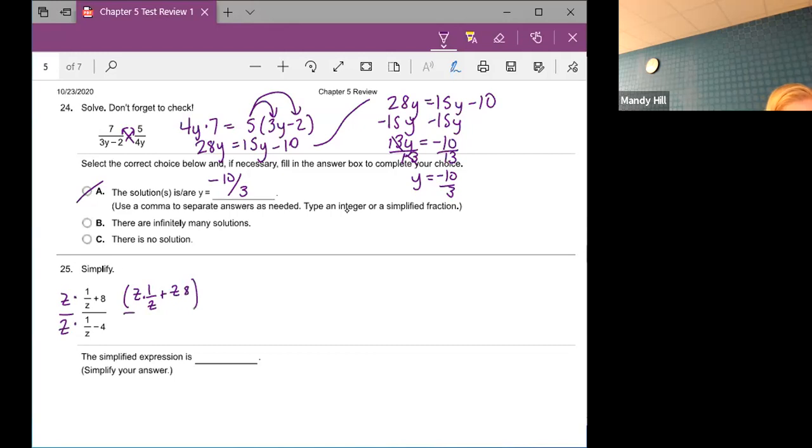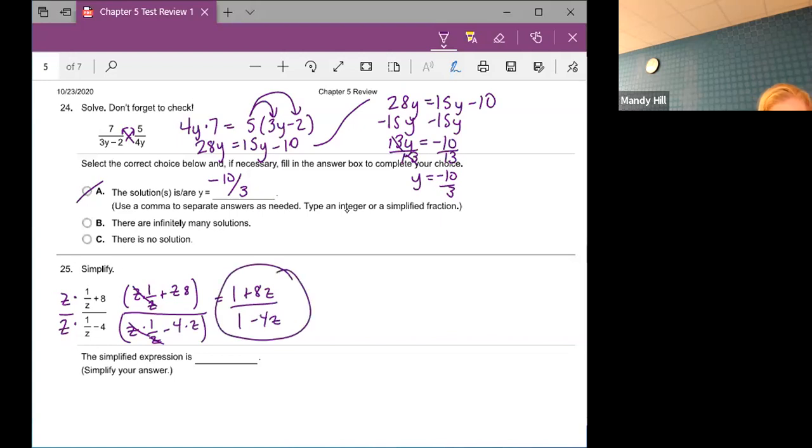Now on the bottom, I would have z times 1 over z minus 4 times z, or z times 4, it doesn't matter. These are going to cancel out. I'm going to be left with 1, and then plus 8z. And then these are going to cancel out, and I'm going to be left with 1 minus 4z. And that's it. That's all that you're supposed to do on that one.